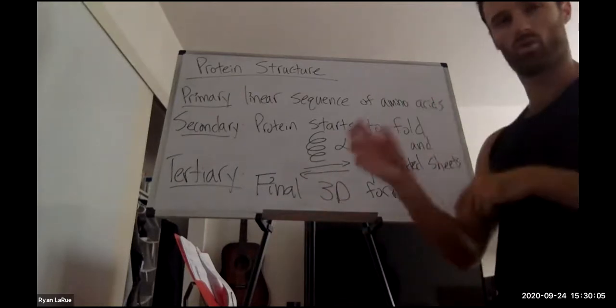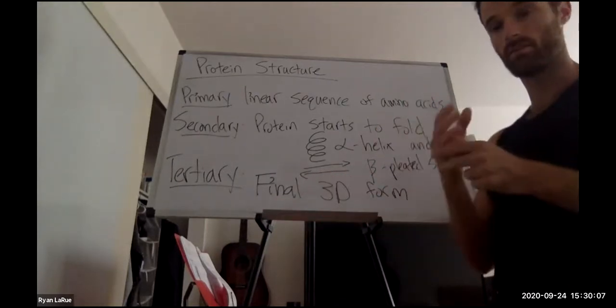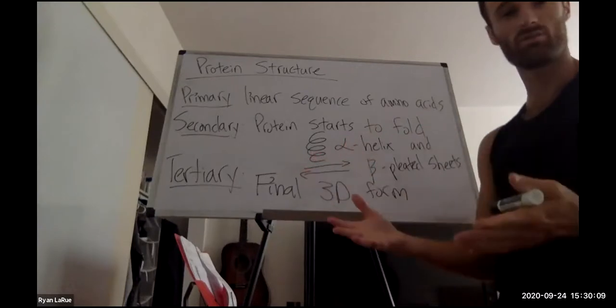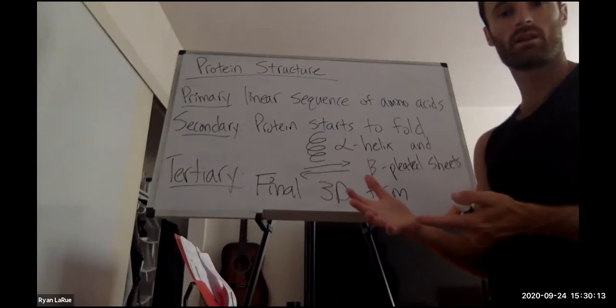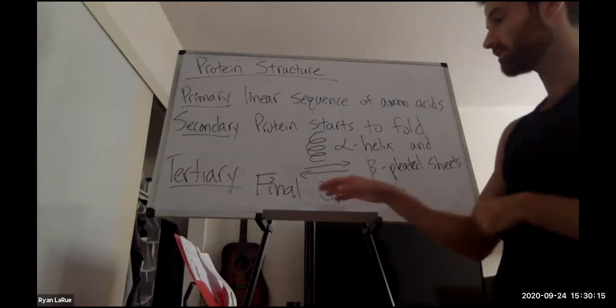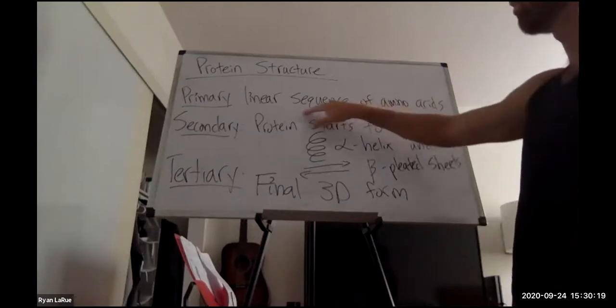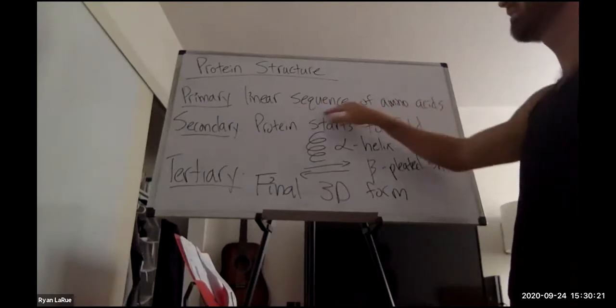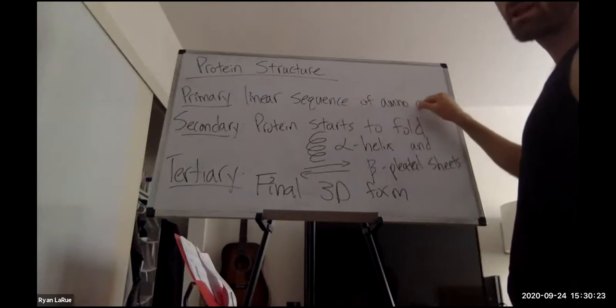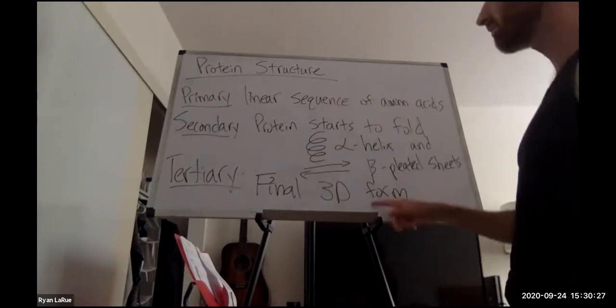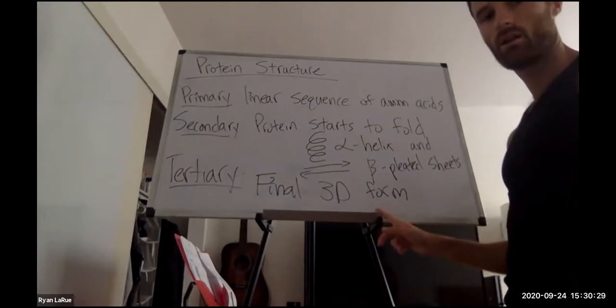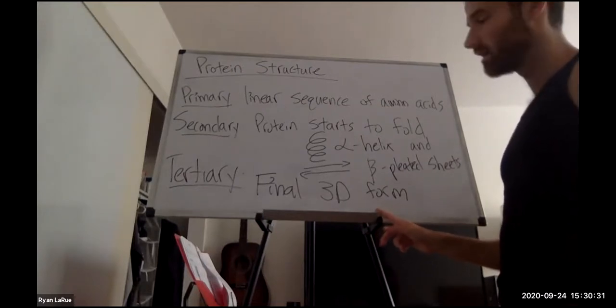And depending on the order of these amino acids that you choose and the length, it's going to come out to a different shape, actually. So the primary structure and the specific order and arrangement of these amino acids actually determines the final shape of your protein.